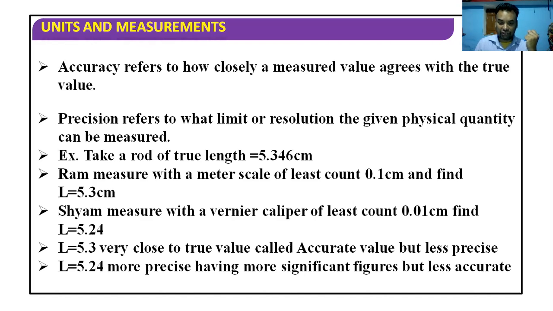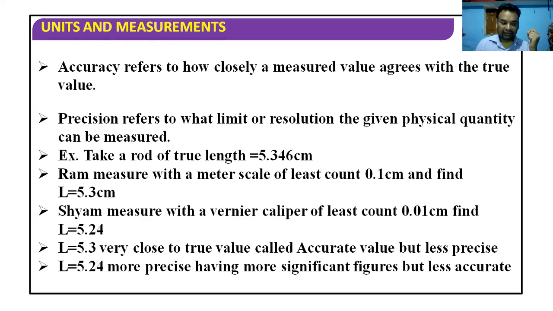This is the meaning of least count: the minimum readable value on a scale. In this case the vernier caliper is of 0.01 centimeter, and Sham finds the length equal to 5.24 centimeter. Write centimeter, I forgot to write it after 5.24. So make it correct, it is 5.24 centimeter.